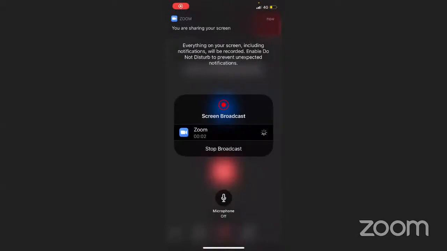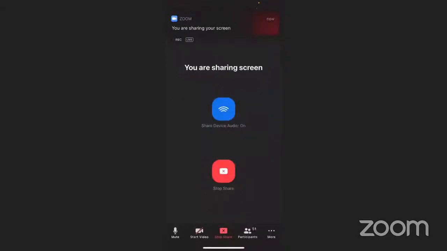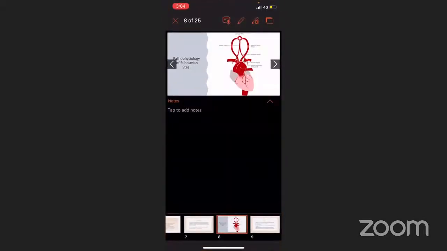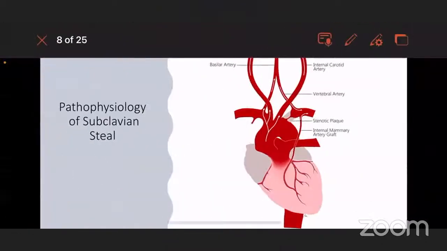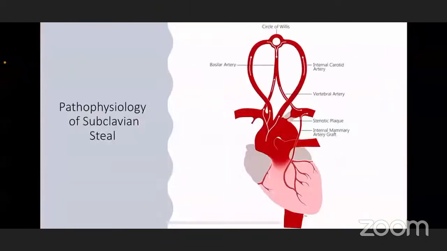Okay, share the screen, please. Can you see the screen? Yes, the slide before.